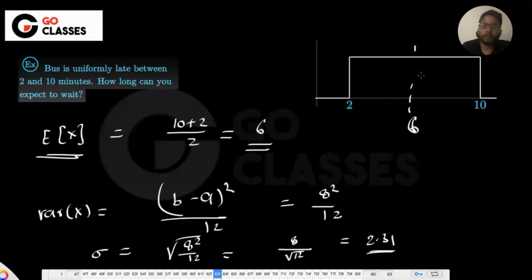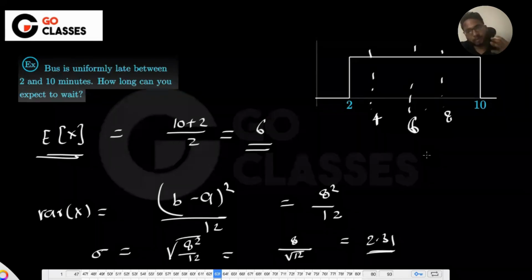मतलब कि हो सकता है कि प्लस माइनस 2, मतलब हो सकता है कि like if I just consider 2, then हो सकता है कि 4 मिनट वेट करना पड़े, हो सकता है कि 8 मिनट वेट करना पड़े. But on average, I need to wait for 6 minutes, but with the standard deviation of 2, which means 6 is not the average, it will fluctuate.